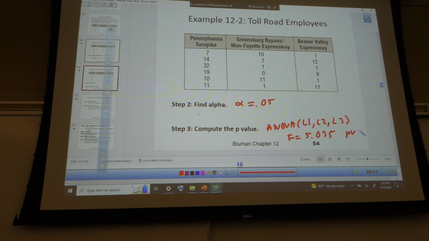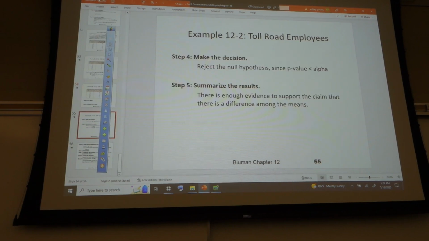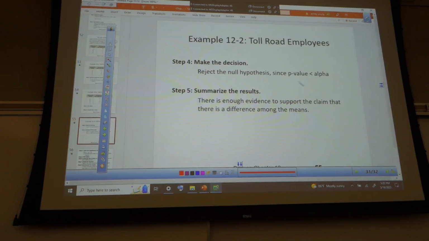And a p-value of 0.0212. Great. 0.0212, which means that my p-value is less than alpha. So we're going to reject H0, which means there is enough evidence to support the claim that there's a difference among the means.